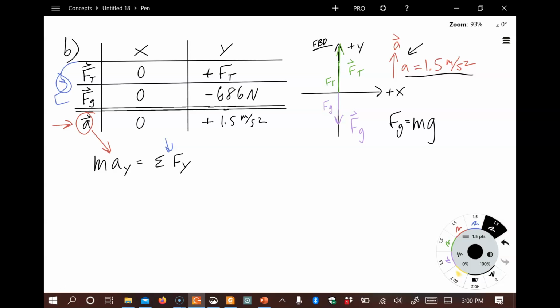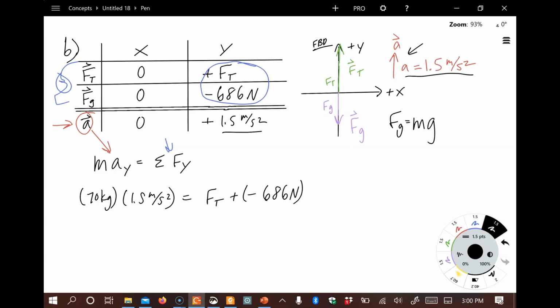So the mass, we know what that's equal to, 70 kilograms, multiplied by the acceleration, a sub y, there it is, 1.5 meters per second squared, positive. That's equal to the sum of the y components of force, right? And so we have, don't know what Ft is for the Fty, but it's plus Ft, so we can write that down. Plus we've got a negative 686 newtons.